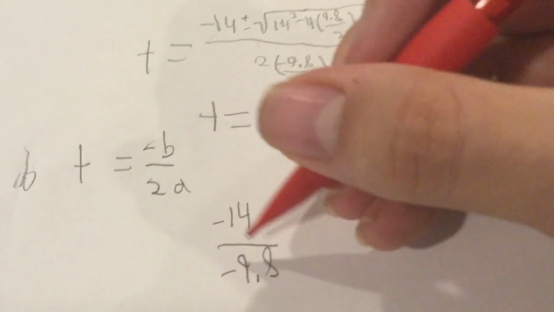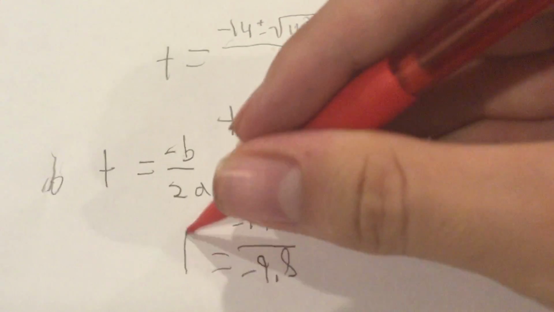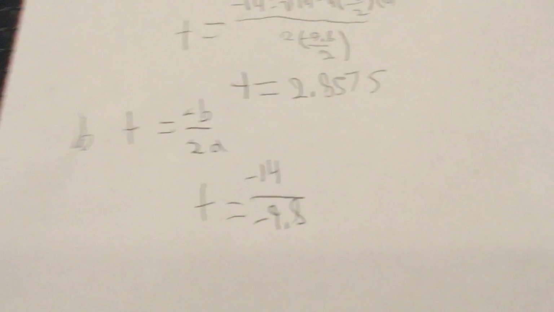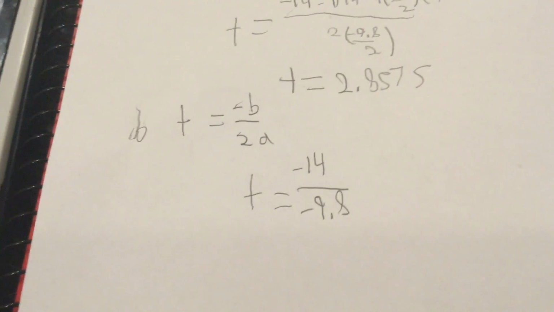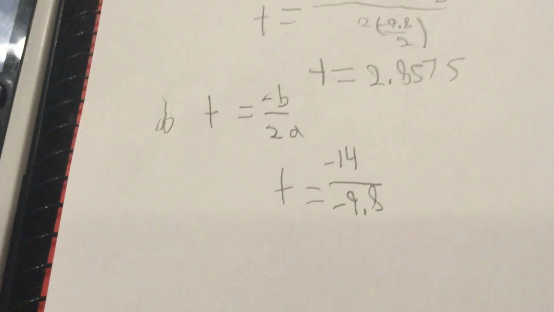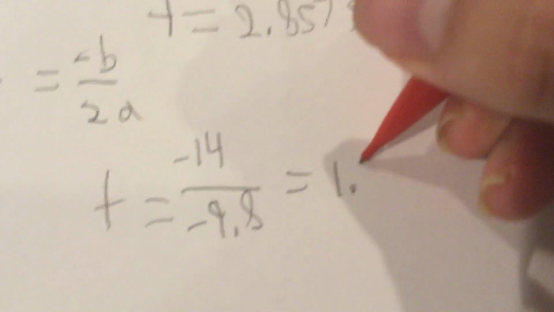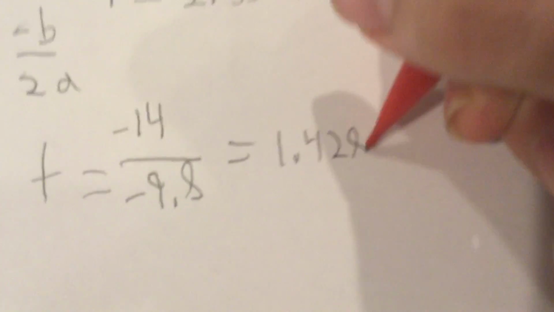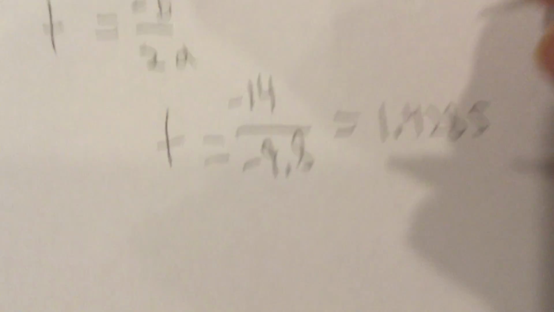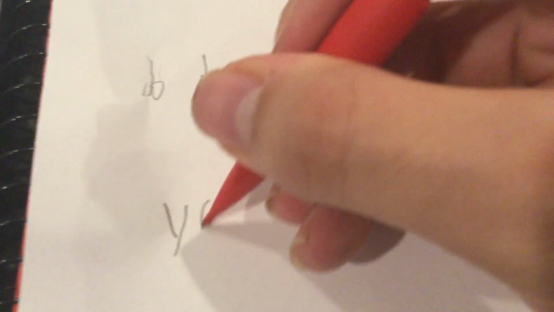Divide to find the time: 14 divided by 9.8, so t equals 1.428 seconds. Now we know the time when the height is at its maximum, so we plug it back into the kinematic equation to solve for the maximum height.